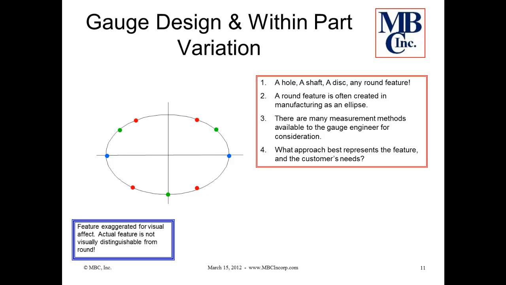But there are multiple ways to measure a round feature. We could touch that feature in 4 places as indicated by the red dots, such as a CMM program, or fixture gauging that has 4 transducers to touch in exact locations. From those 4 readings, we could calculate a best fit circle as indicated by the red circle and call this the diameter of that feature.